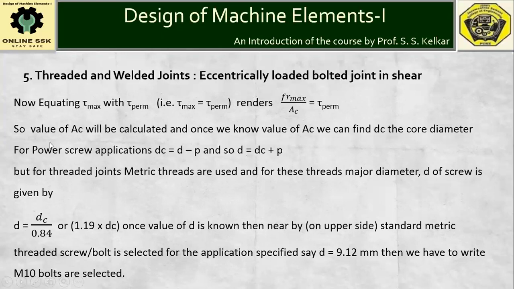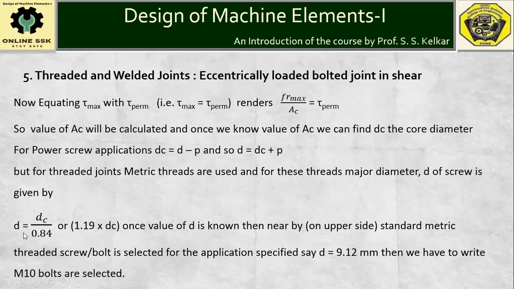For the power screw applications, square threads are used, for which the core diameter is given by nominal diameter minus the pitch. So nominal diameter will be DC plus the pitch. But that is not the case for the metric threads which are used for threaded joints for clamping purpose.